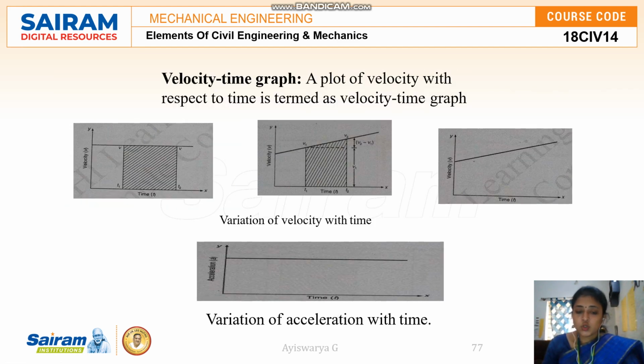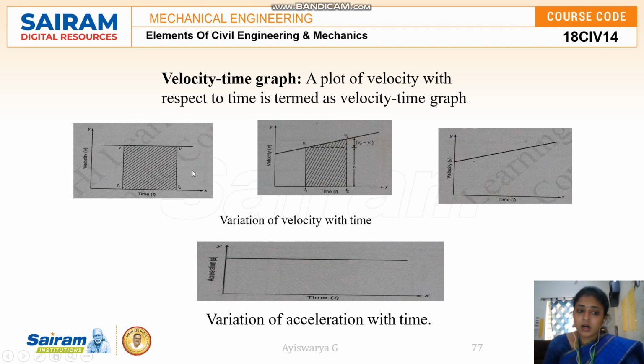The next one is the velocity time graph. You can see a plot of velocity with respect to time. The first one is when velocity is uniform. Time t1 means the object is in the first position, t2 means the object is in the second position, so you can see the varying velocity.